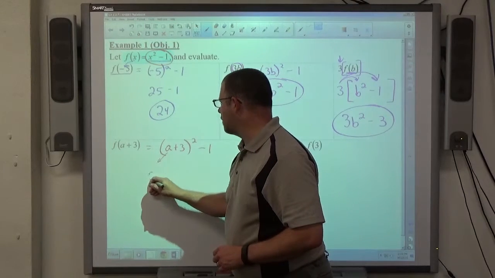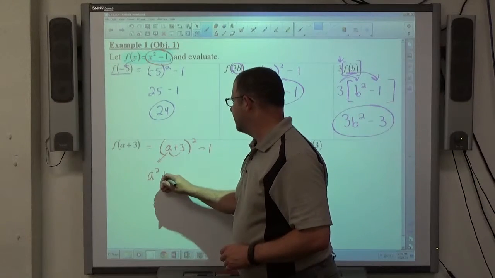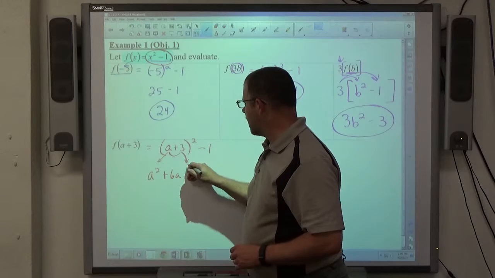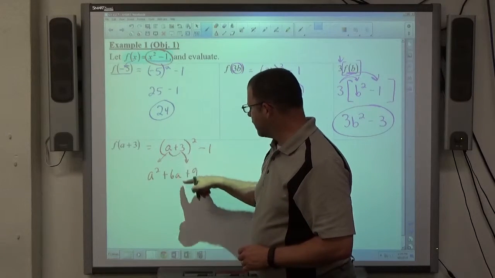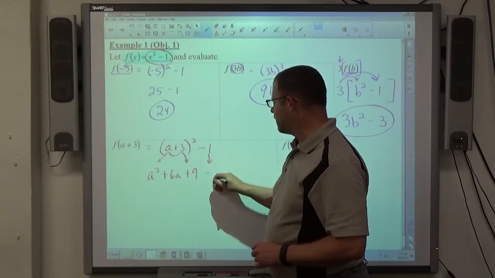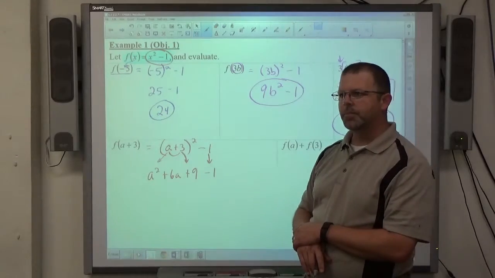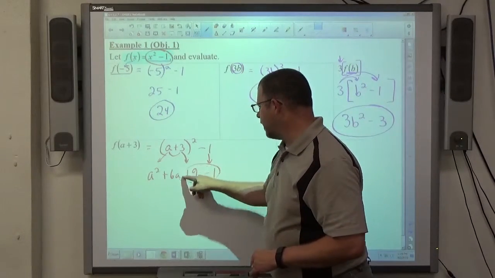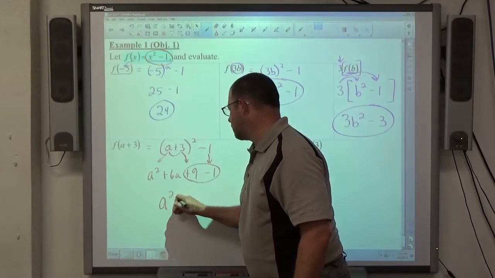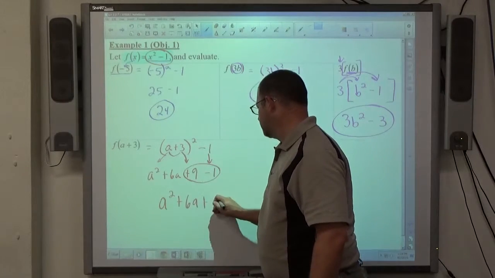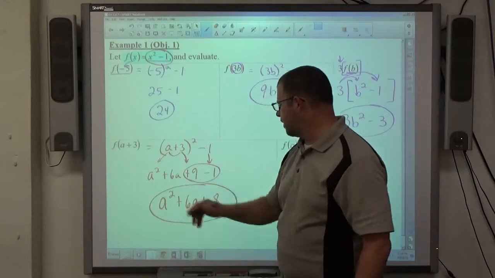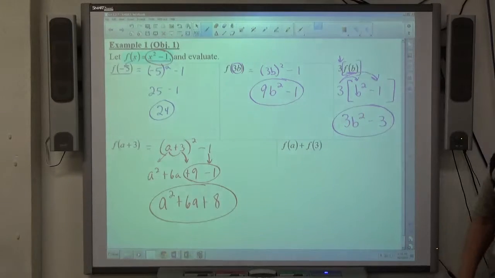We square the first object, we double the product, and we square the second object. That's what that is, and there's still a minus 1. It's not been dealt with yet. 9 and 1 are like terms, so we should combine like terms when possible. So a squared plus 6a plus 8 is the best answer there.